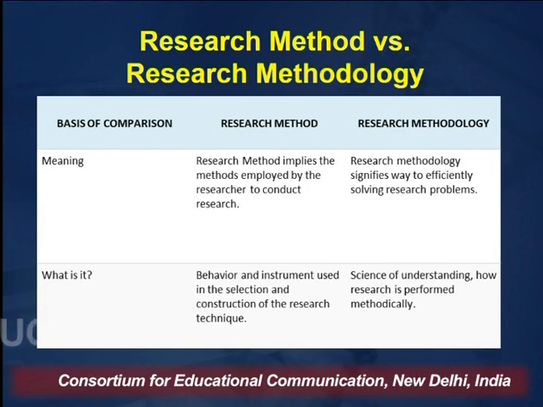However, research methodology starts from laying down the problem as well as looking at all the different possible solutions. They are basically comparing the different methods to find the solution to that problem. And as I said, refinement, then reliability and validity, and then reporting also constitute part of research methodology.